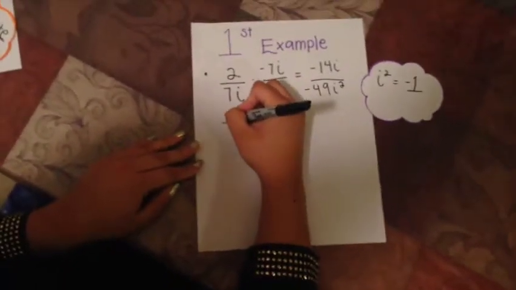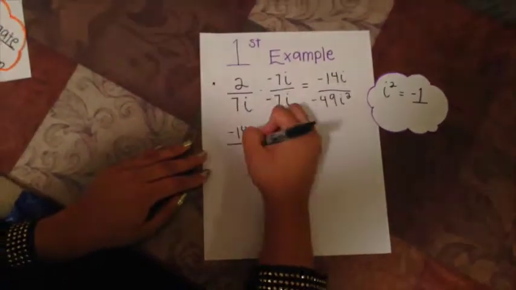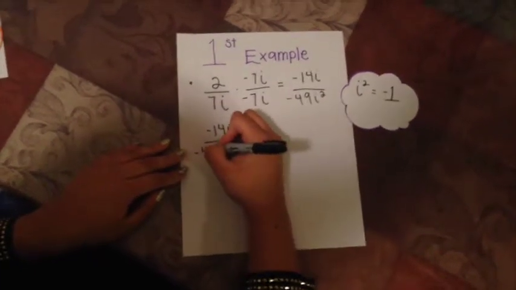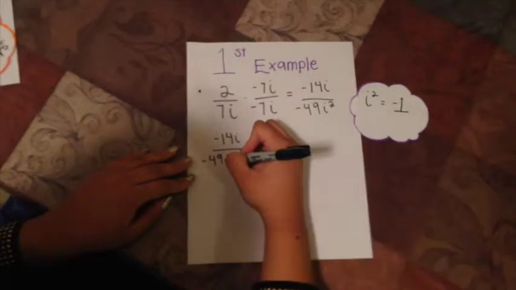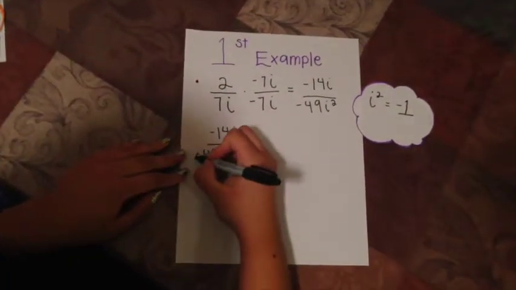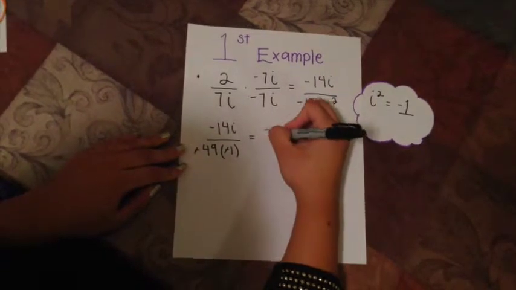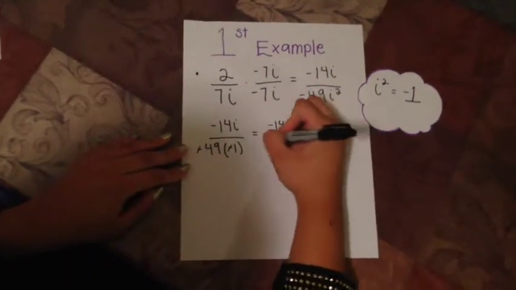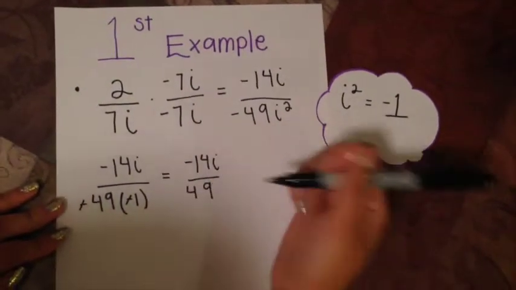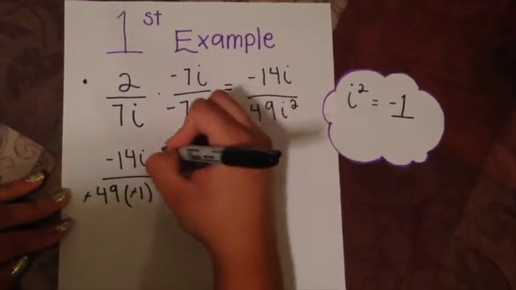So now we have to plug in -1 wherever the i squared is. So we're going to get negative 14i over negative 49 times -1. So the negatives cancel. You're just going to get negative 14i over 49. 14 and 49 can both be divided by 7.